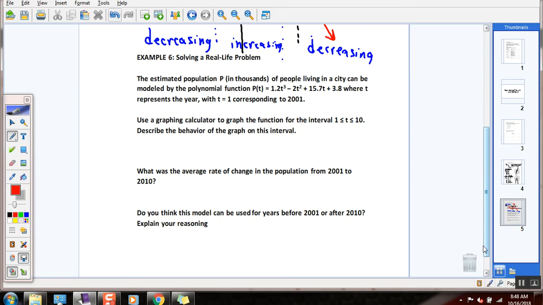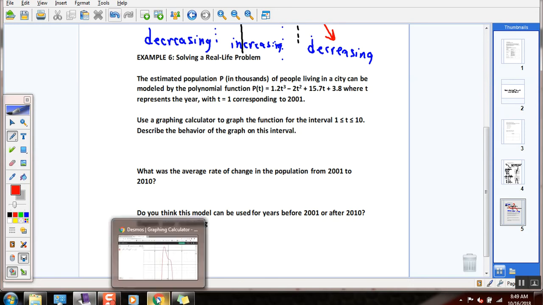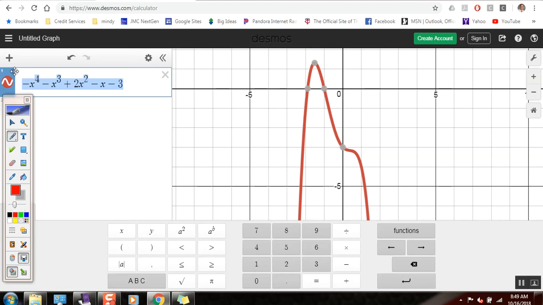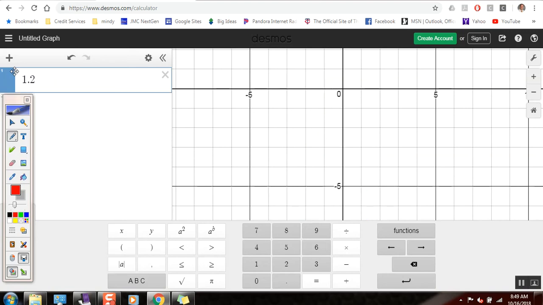Okay, let's do that quickly. So would somebody be willing to read that function to me while I pull up Desmos here? First of all, is this going to be a cubic or quartic function? Okay, so let me pull this. All right, so go ahead. What is that function, kids? 1.2t to the third power minus, I'm going to put in x.